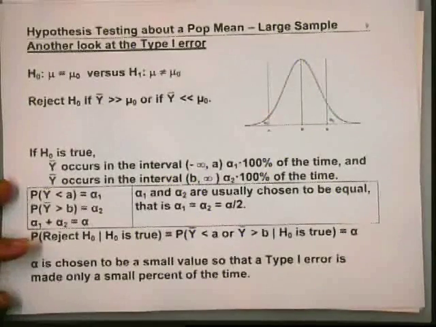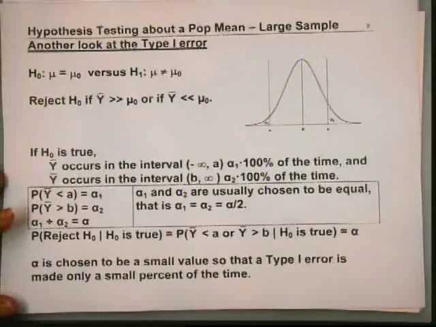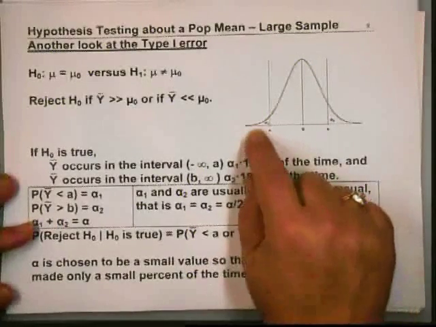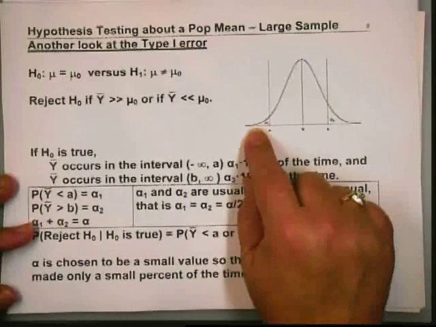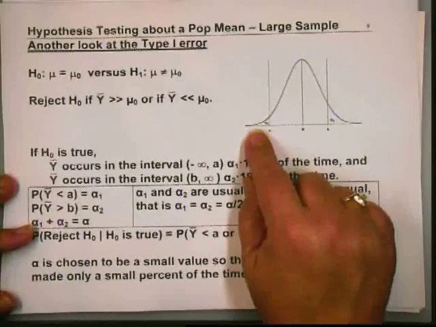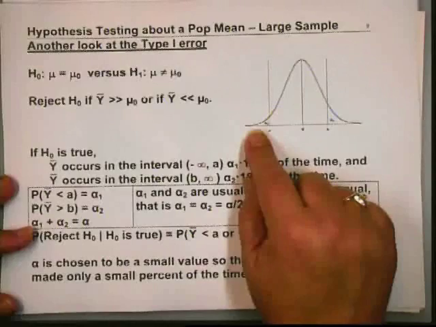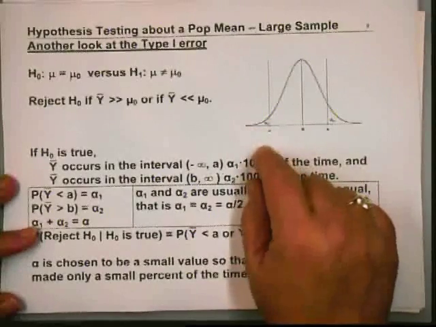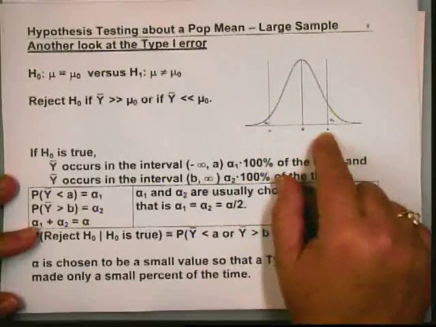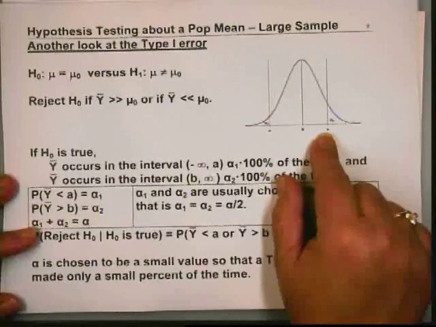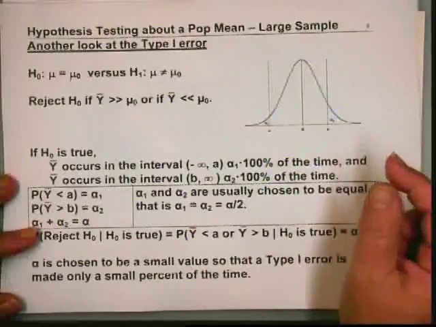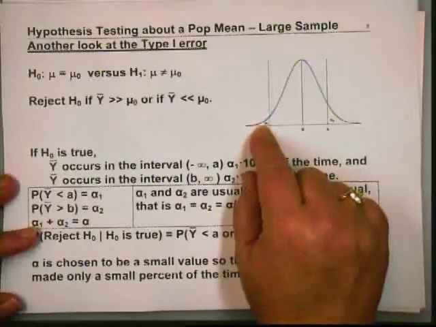If H naught is true, we could get values out here. Does probability favor that? No. So in this case, I wrote values for A and B here. They're not necessarily the same distance away from mu. This one's alpha 1 is this area.